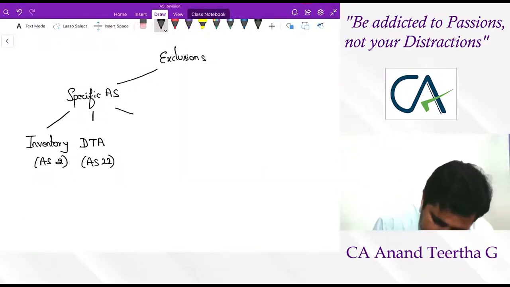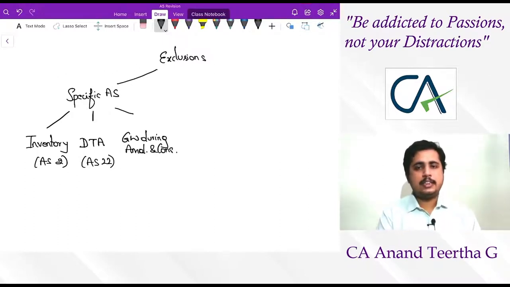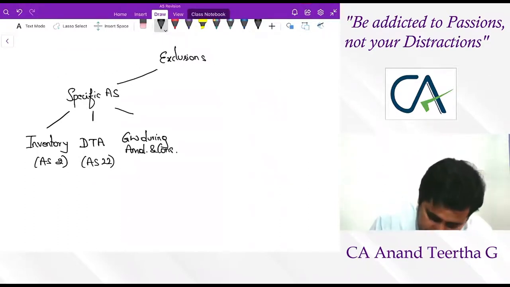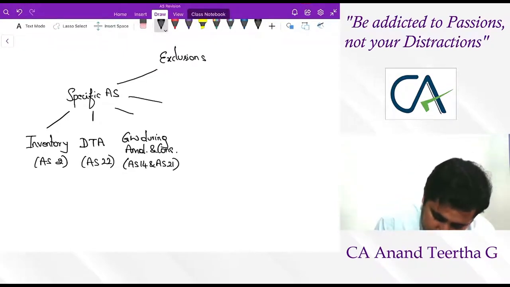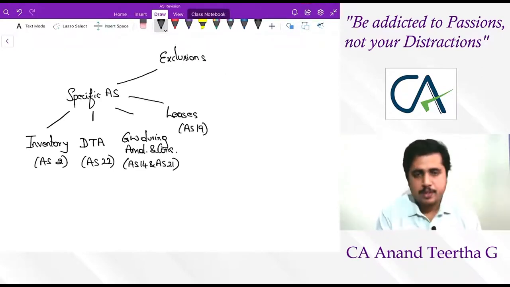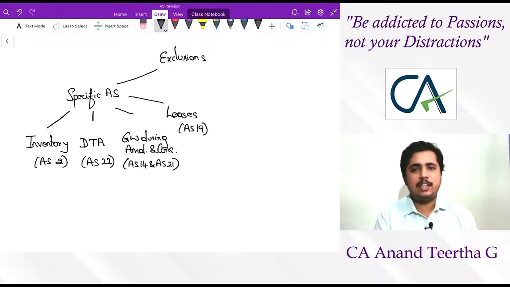The next one, goodwill during amalgamation and consolidation is covered by AS 14 and AS 21, not over here. Fourth and the last one, if it is covered by leases, then AS 19 is applicable. So any specific accounting standard, if it covers the item, is not considered in AS 26. Only general stuff other than these standards' coverage is covered over here.